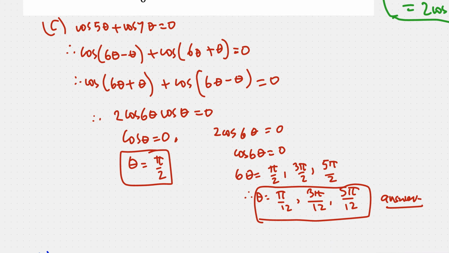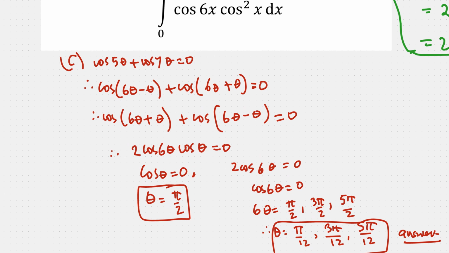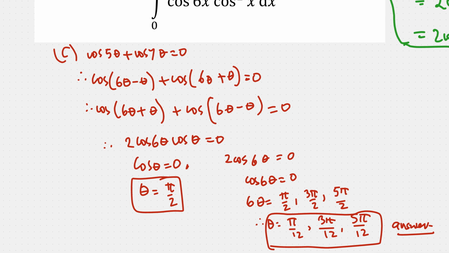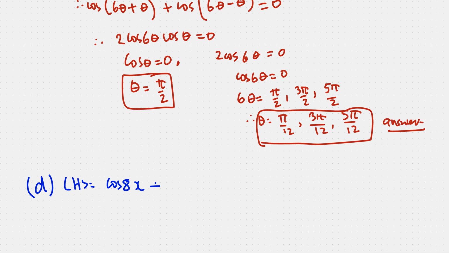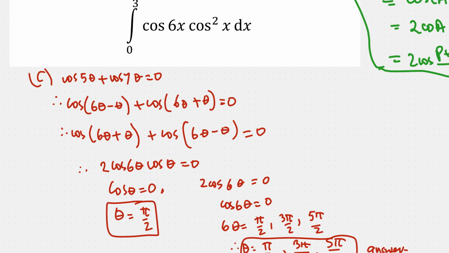Cos of 8x, we say left hand side is equal to cos of 8x plus 2 cos 6x plus cos 4x.